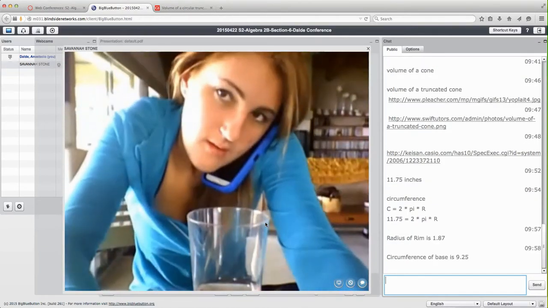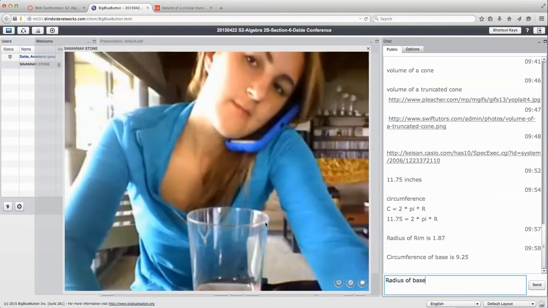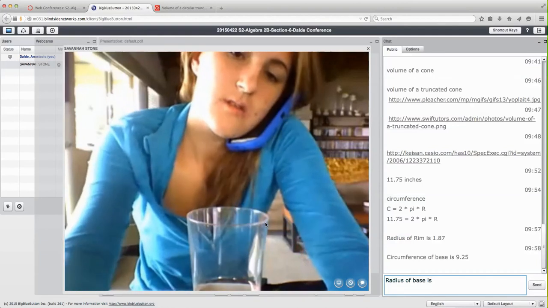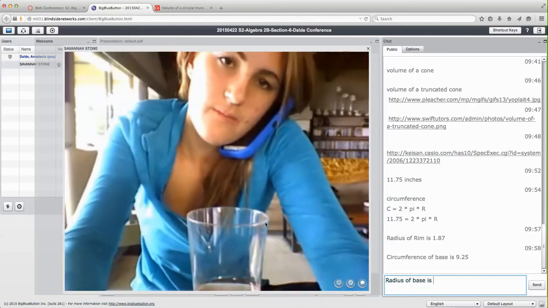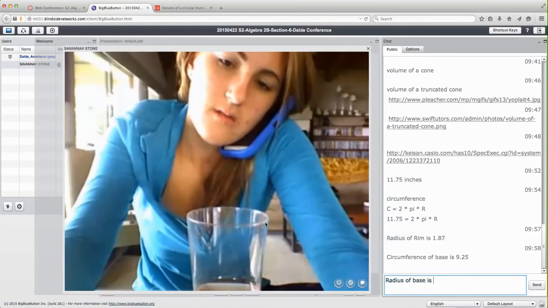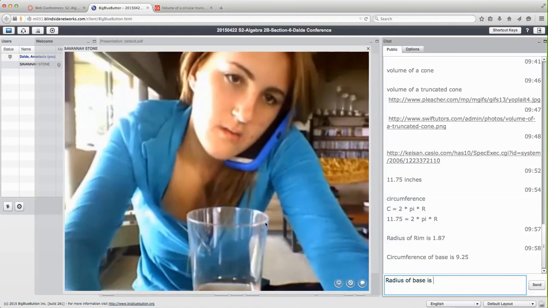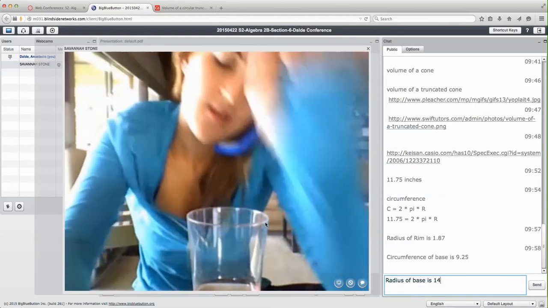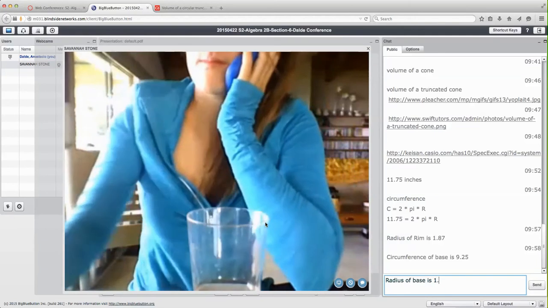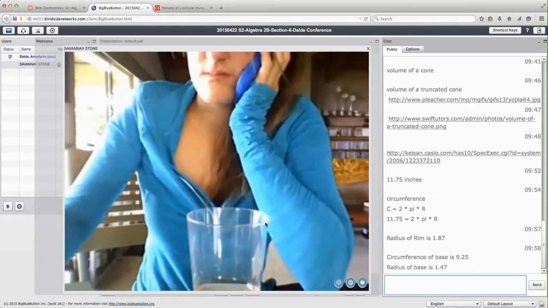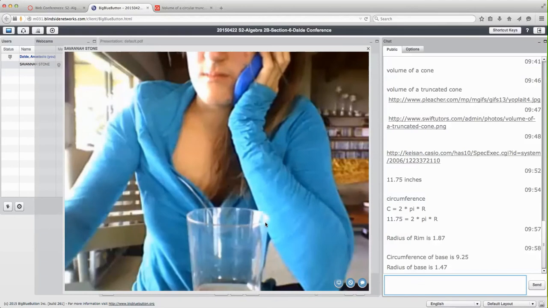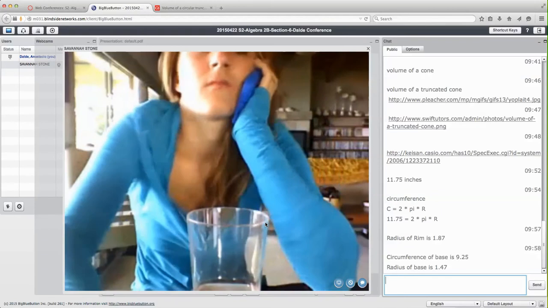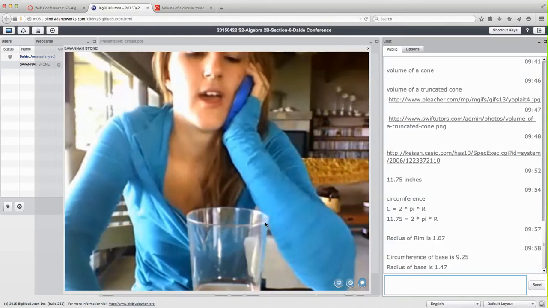Giving us a radius of 1.47. All right, cool. So, here's my next question. What else do you need to get the volume of a truncated cone? The height. All right, cool.